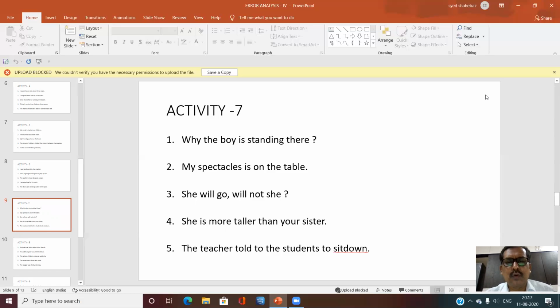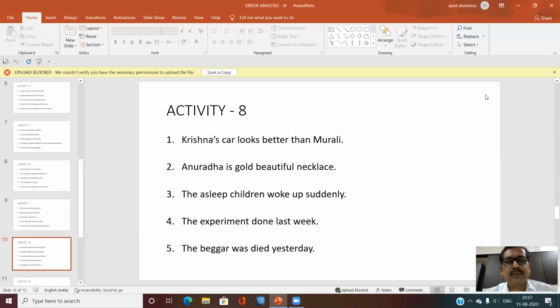She will go, won't she? She is taller than your sister. The teacher told the students to sit down. Krishna's car looks better than that of Murali. Anuradha is wearing a beautiful gold necklace.